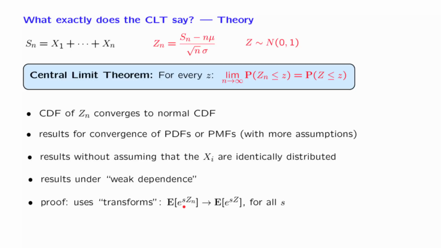And that this is true for all S, or at least for all S in some rich enough set. And then one appeals to some deep mathematical results that tell you that if this kind of expectation converges to that expectation, then the CDF of Zn must also converge to the CDF of Z. But this is a proof that involves various steps and appeals to some deep results from other fields of mathematics.